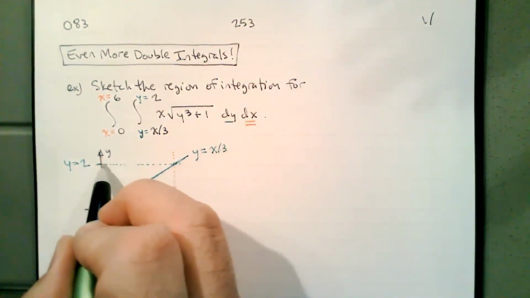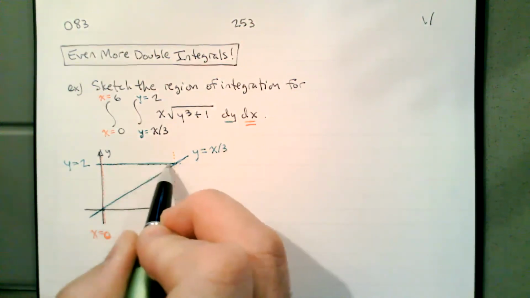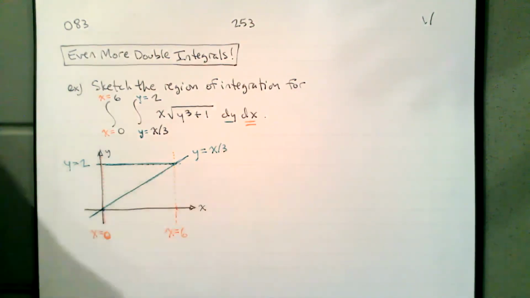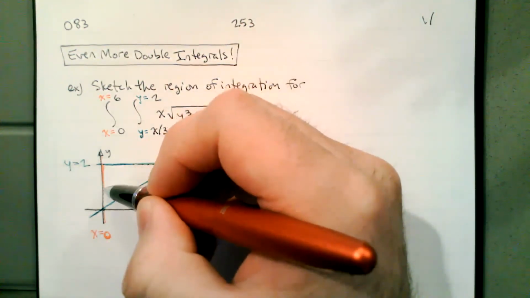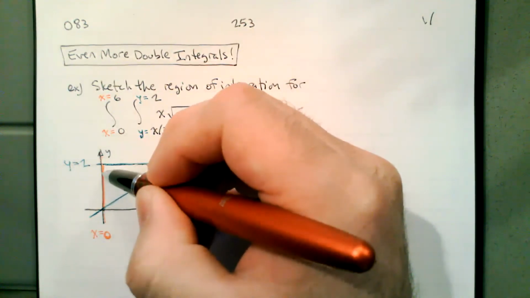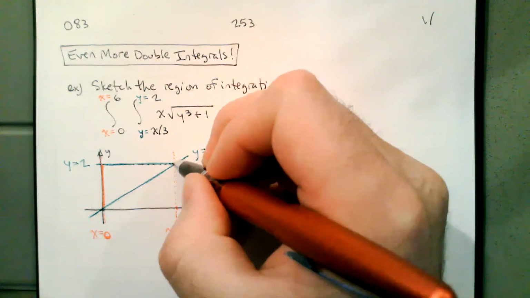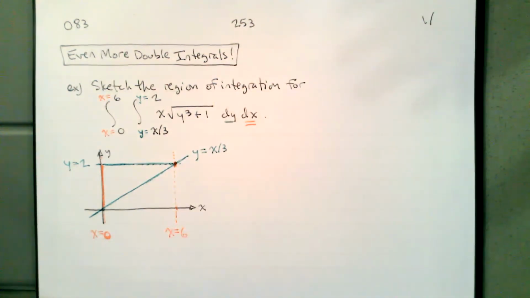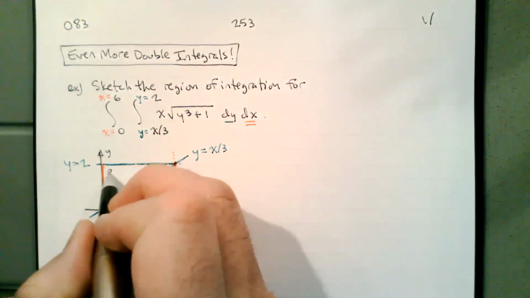So there's the bottom. Here's y equals 2 at the top. Here's x equals 0 on the left. And here's x equals 6 on the right. So here's our region up in here.